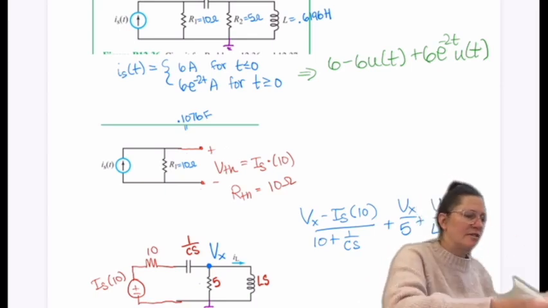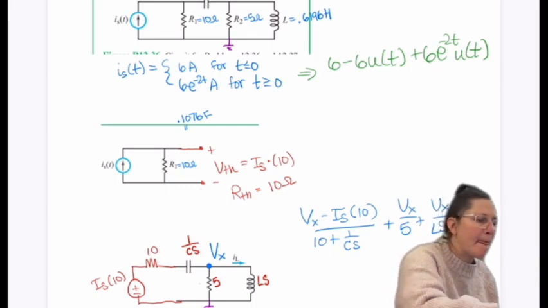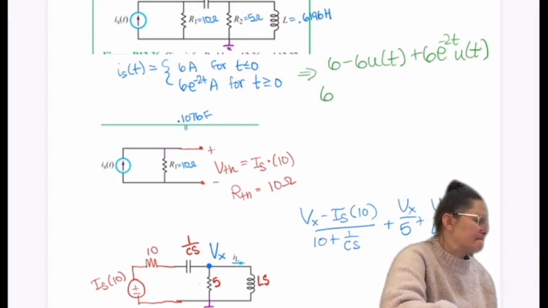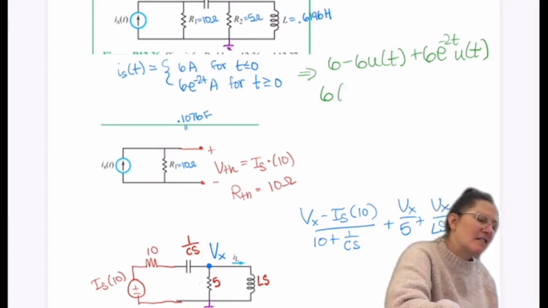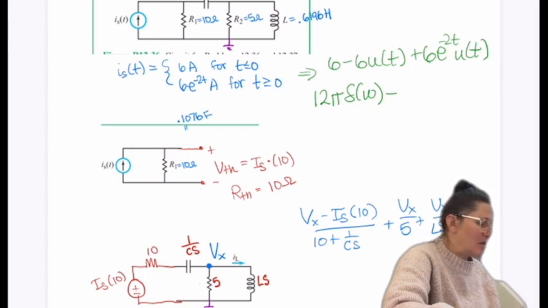Okay, so changing this from the time domain becomes what? 12 pi delta omega. Yeah, I'll just write 12 pi. Plus, minus what? 6.